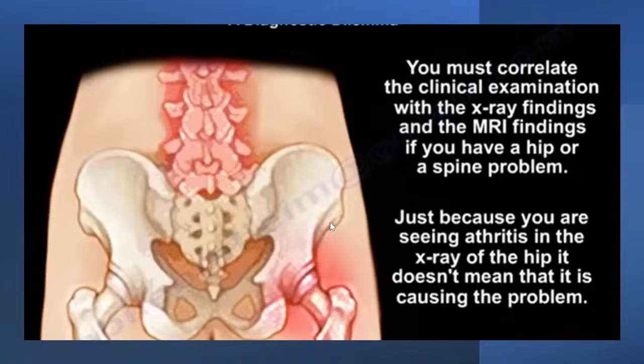It doesn't mean that the patient has arthritis and needs total hip. You've got to correlate the clinical exam with the x-ray and the MRI. Just because you see arthritis in the x-ray, it doesn't mean it's causing the problem.